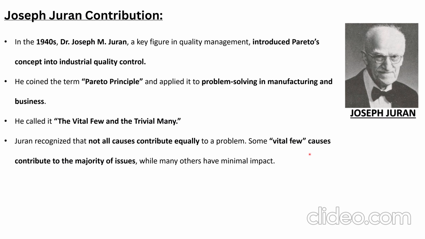Some vital few causes, like the 20% or maybe not exactly 20%, contribute to the majority of the problems we are facing, while many others, like the 80% of all the other causes, have minimal impact. That is how Dr. Joseph Juran introduced the Pareto concept into problem solving in manufacturing and business. He called it the 80-20 principle or the Pareto principle.